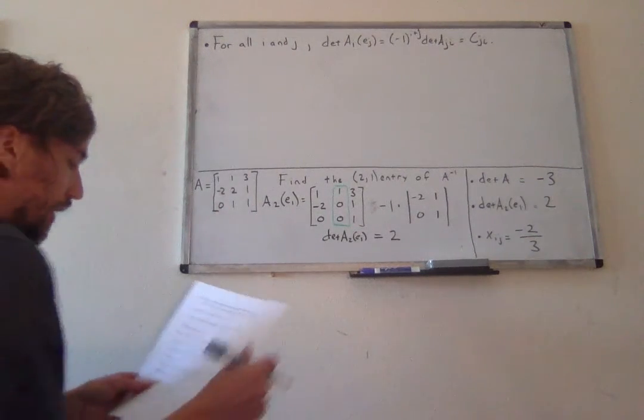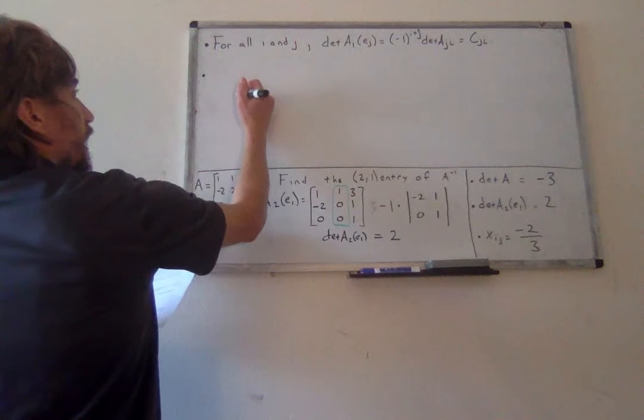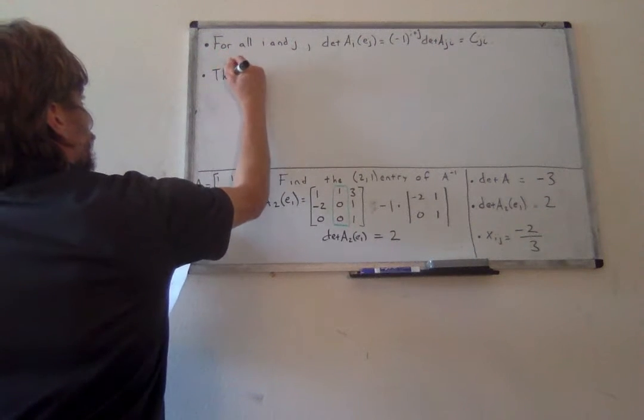So this means we actually now have a slightly easier way of representing the ijth entry of the inverse matrix.